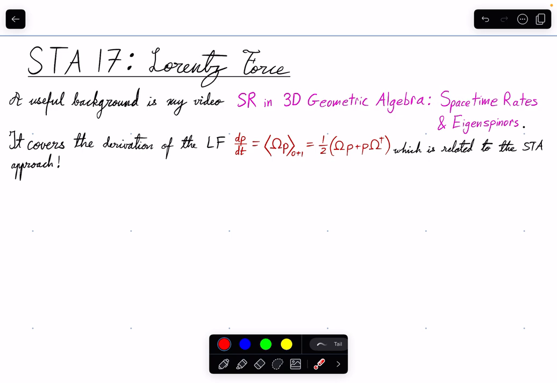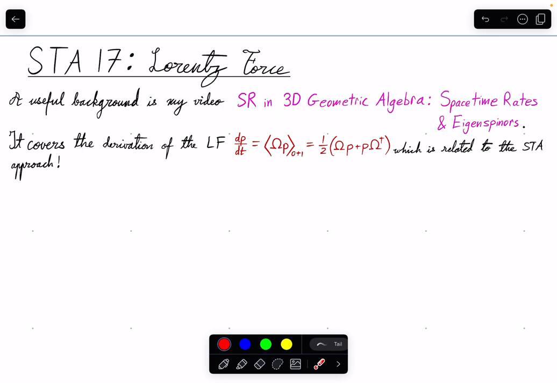And that makes sense because the 3D algebra, or geometric algebra, is just the algebra of physical space, which is isomorphic to the even subalgebra of the spacetime algebra. So when you break things in the STA into a relative frame, you're actually working with stuff in here.